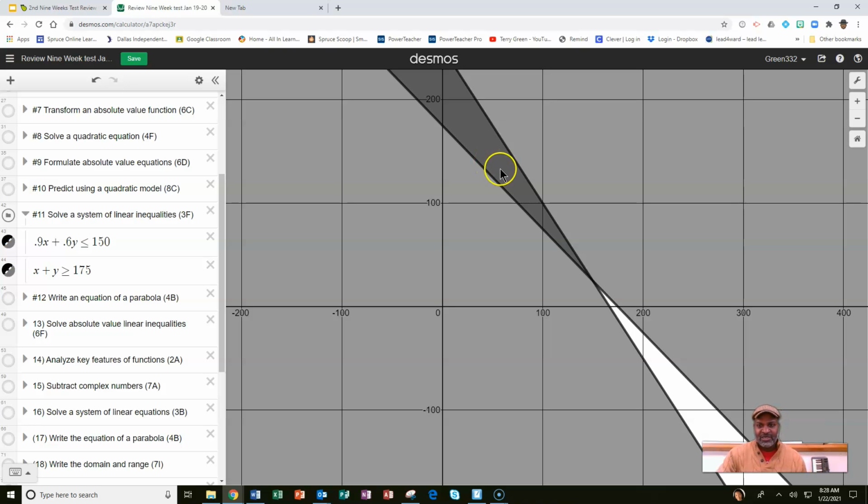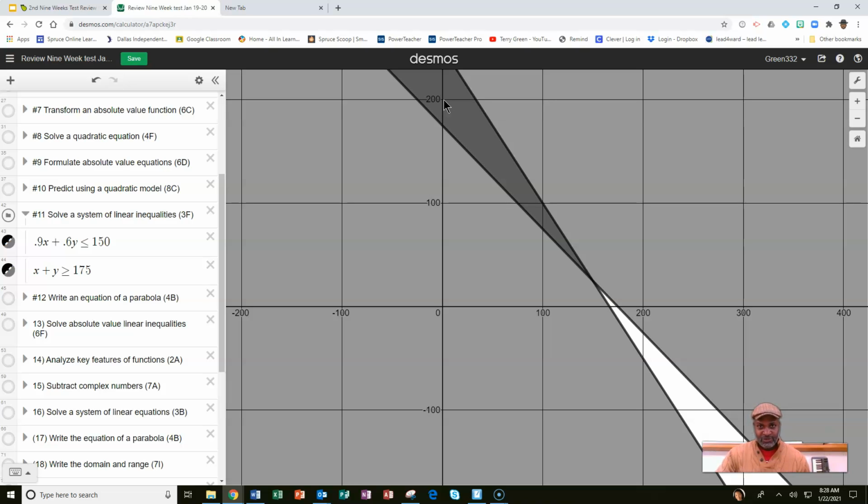In other words, he can order anything in here and he'll be fine. Not only will it cost less than $150, but it'll also be more than 175 pounds. Look at this point right here.